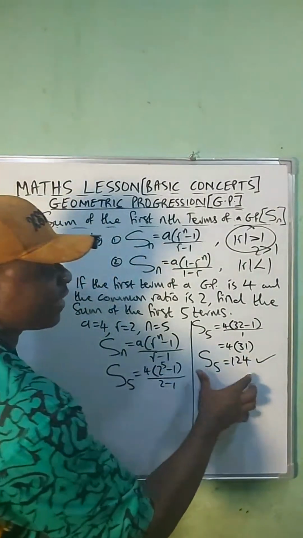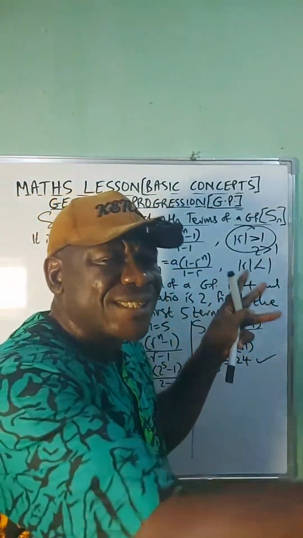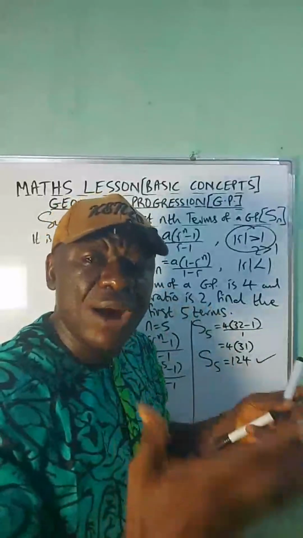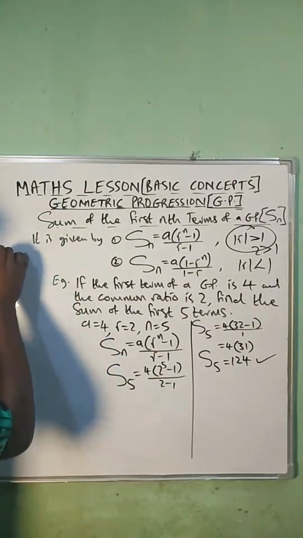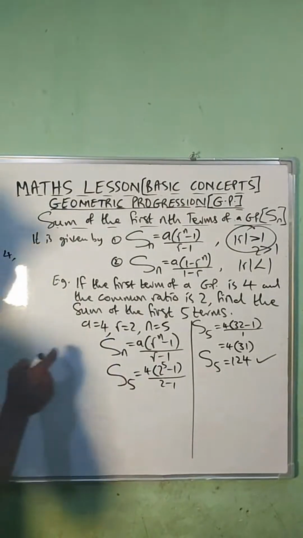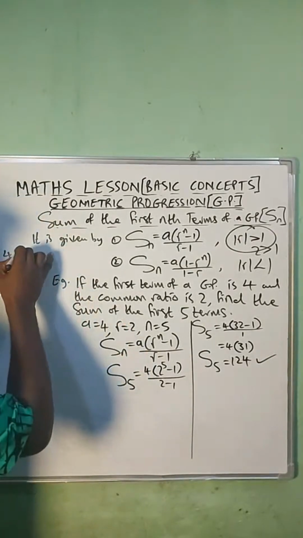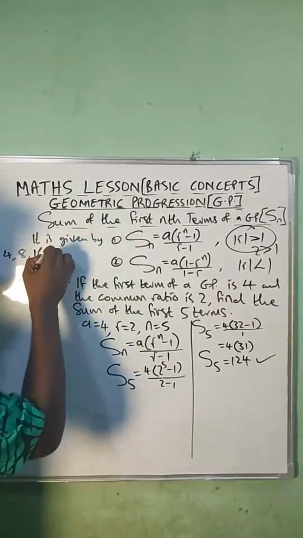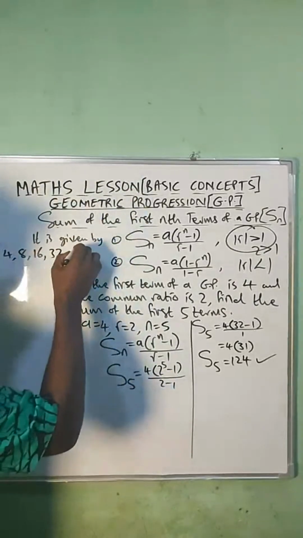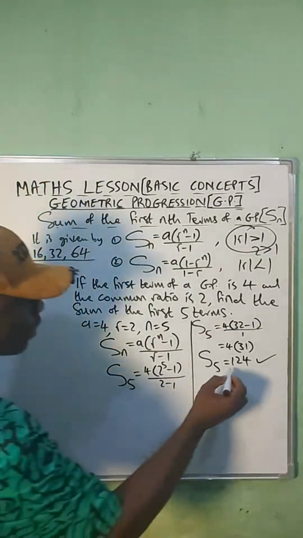So if the GP continues like that and you add the first 5 terms, what you get is 124. Let me prove it. The first term is 4. To get the next one, I'll multiply by the common ratio 2. So 4 times 2 is 8. 8 times 2 is 16. 16 times 2 is 32. 32 times 2 is 64. When we add all these, what we'll get is 124.